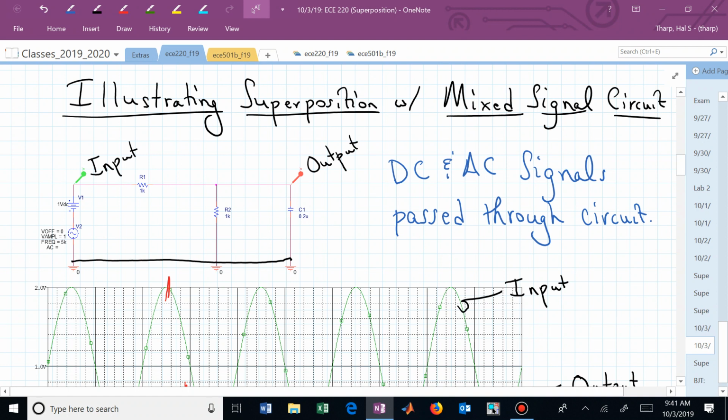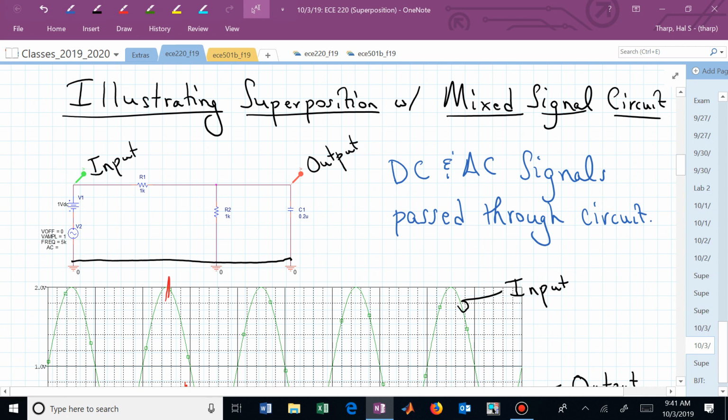If we just look at the DC source by itself, that's what superposition allows us to do. It allows us to say, let's look at one source first, deactivate all the others, and analyze what's going on. Then put the other source back in and deactivate the first one and look at what happens with the second one. Now add up the contribution of the two and you have the total response.